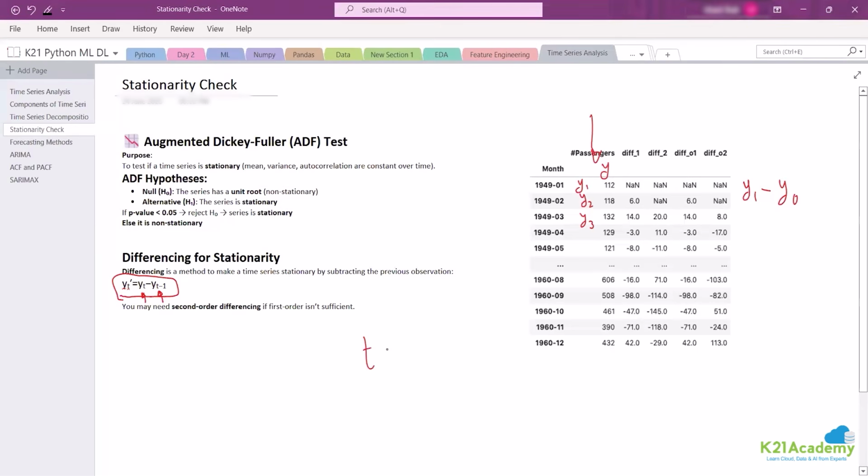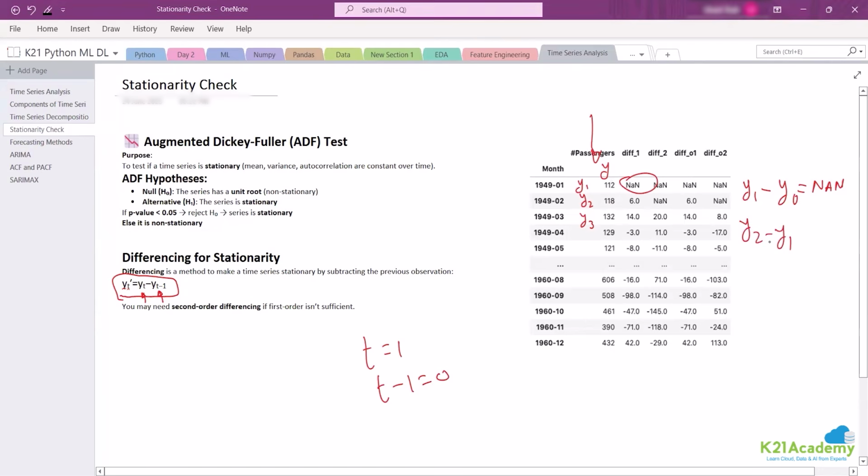If we consider t equal to 1, then t minus 1 will be 0, so y1 minus y0. Before y1 we don't have any value, so when we calculate the differencing, the first value will be a NaN value. The second value is y2 minus y1, so here 118 minus 112, the value is 6. We continue for this.